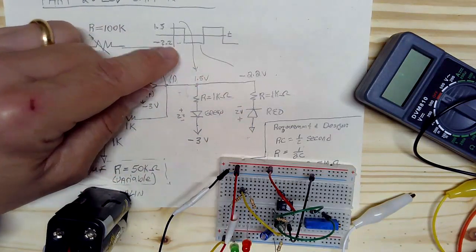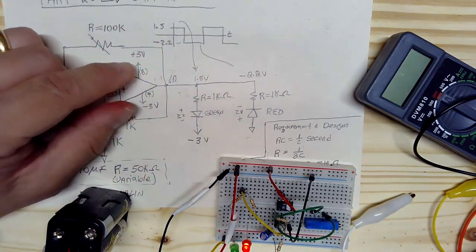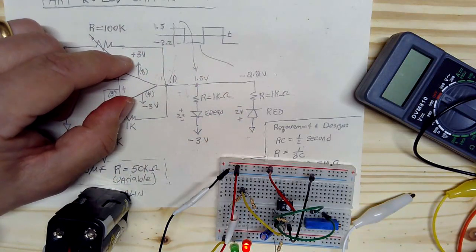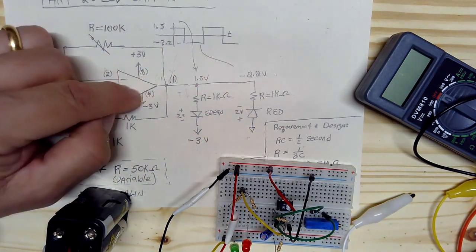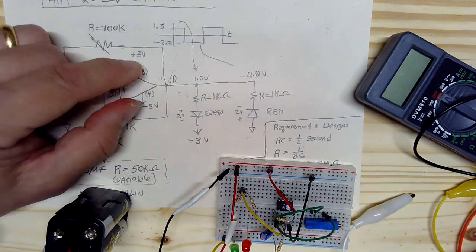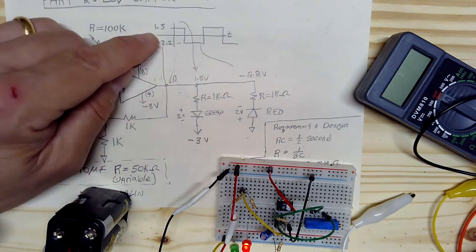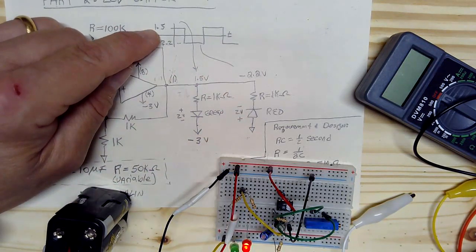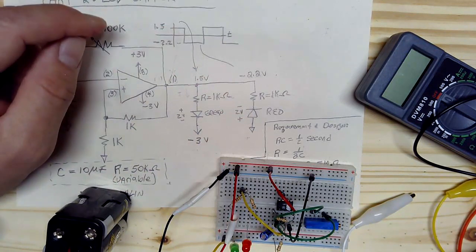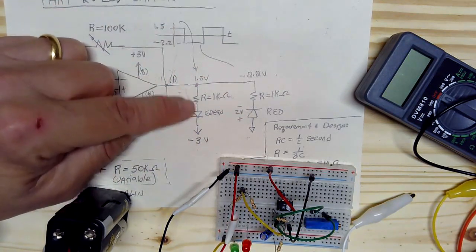But what's happening is, given the relatively small voltages that we have on our rails, given the practical voltage drop between those rails and the output, we're really only getting 1.5 volts when the op-amp output goes high. That's not enough to turn on the LED.